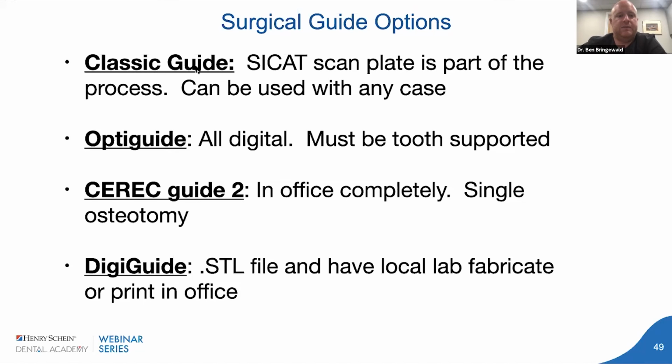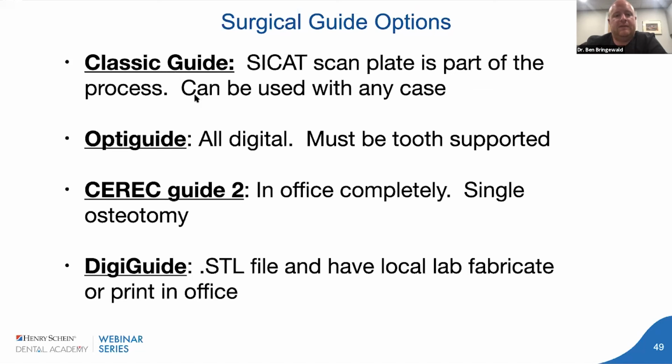The classic guide, and that's the one that I would say is by far the most common between the 2, has an actual scan plate that you have to bite into with some blue mousse or whatever bite registration material you use at the office.